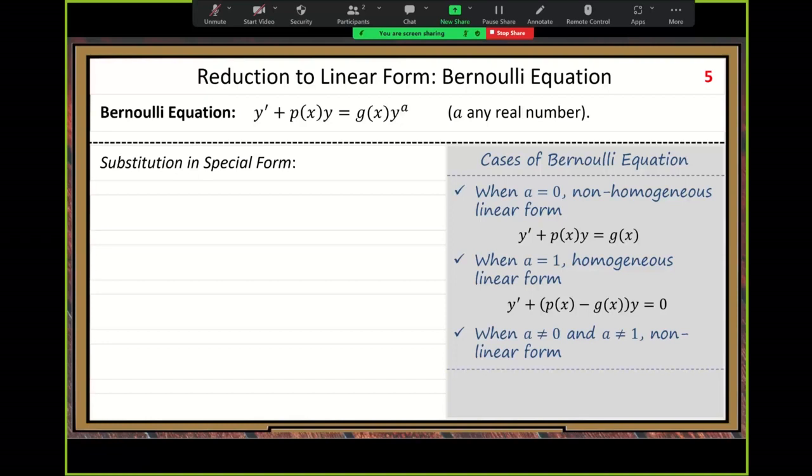In this general case, the substitution is important. After the substitution, we get to a linear form quickly. That's magic. The substitution is u(x) equals y(x) to the power 1 minus a.